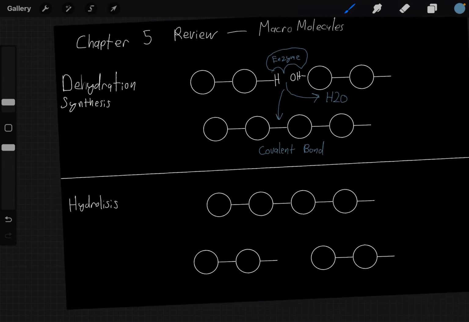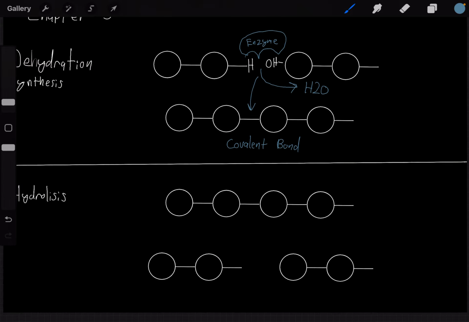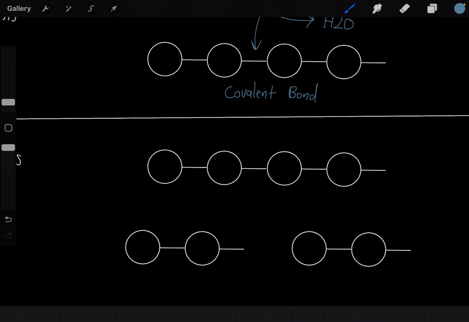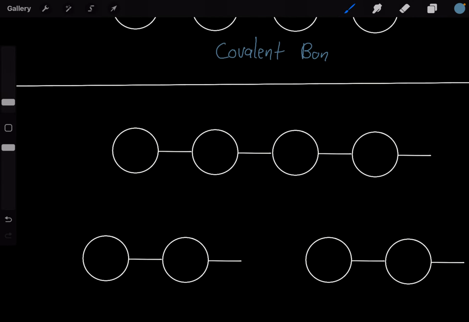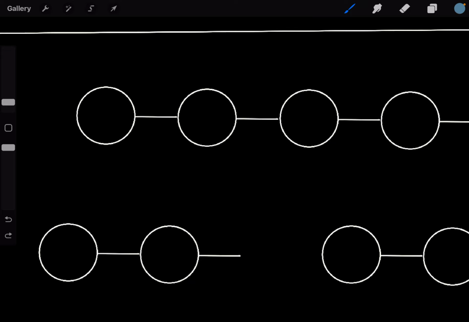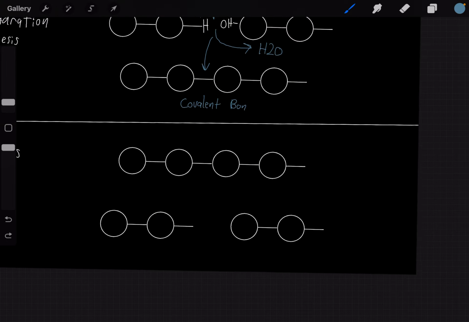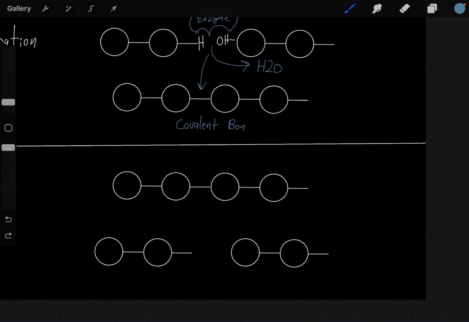Moving on to hydrolysis. This one is basically the opposite of dehydration synthesis. What you would need to break the bond is an enzyme.